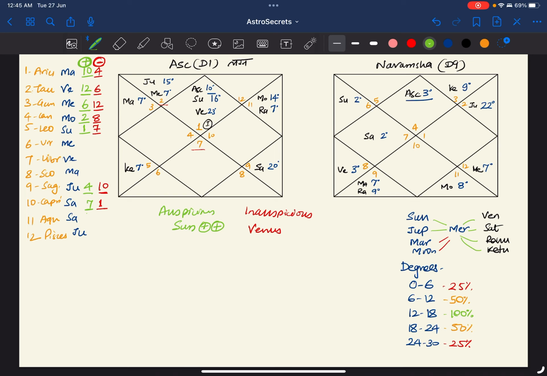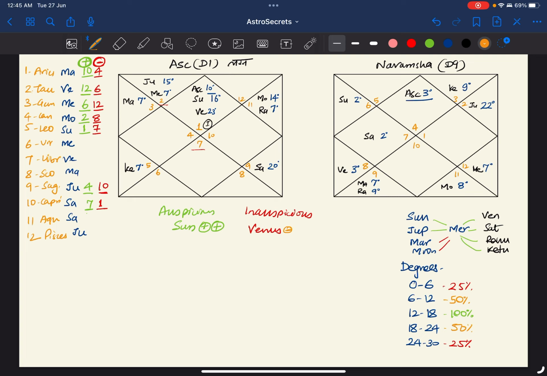So it is falling under the 50% bracket. So whatever impact Venus is going to give, we can consider whether it is really inauspicious for this kundli or not. Right now we are just concerned about the D1 chart. So 50%, and let's say it is going to be inauspicious, so minus.